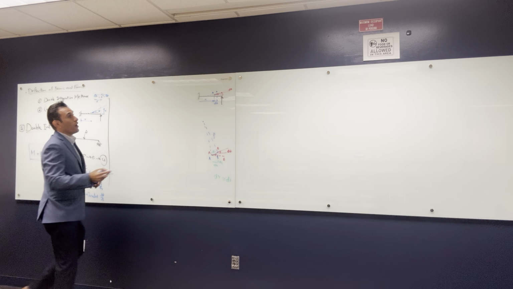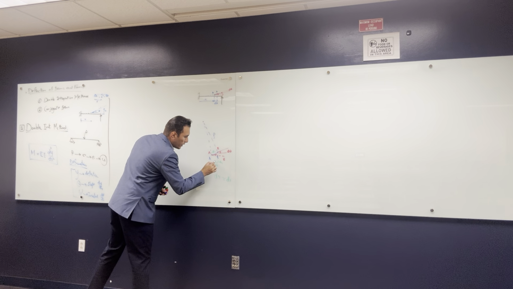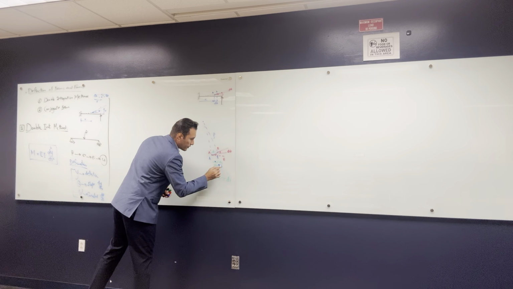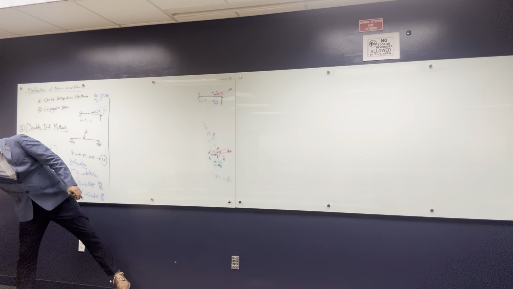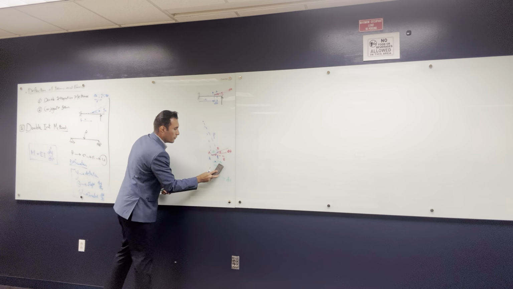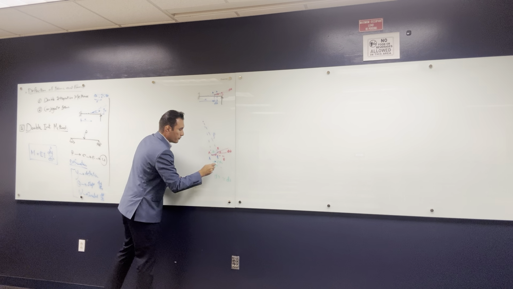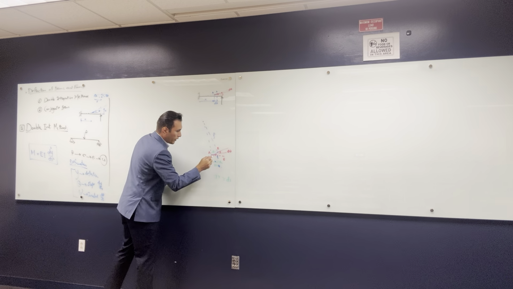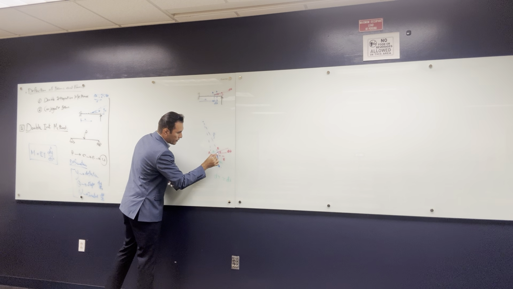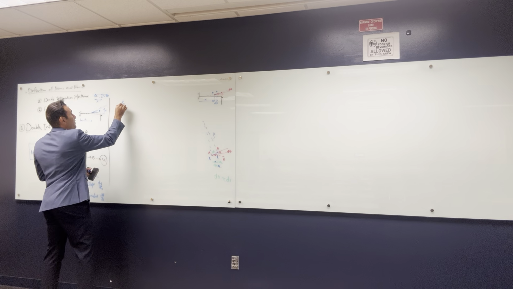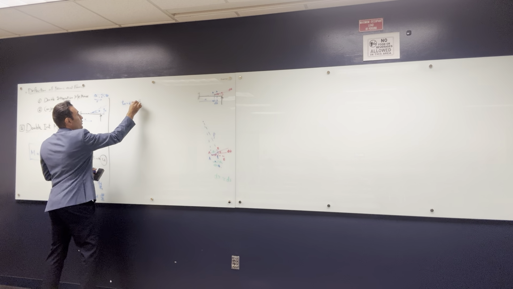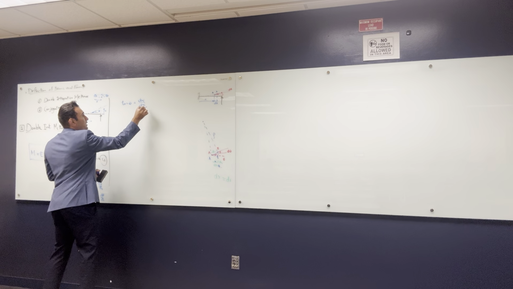The angle here, as we agreed last time, is the angle theta. If this distance is dy and this distance is dx and this angle is theta, you can say that tan theta is equal to dy over dx.